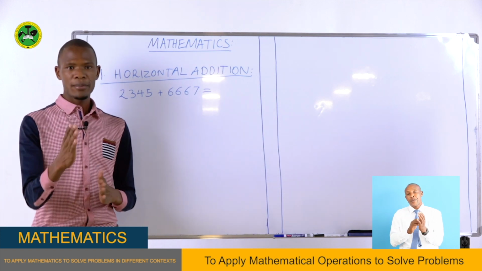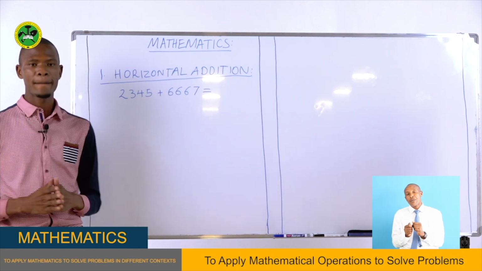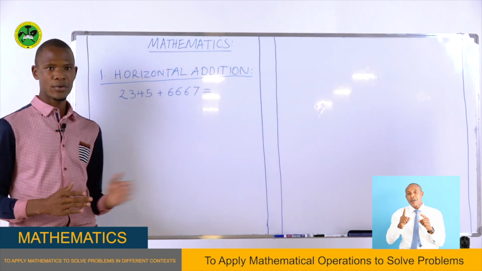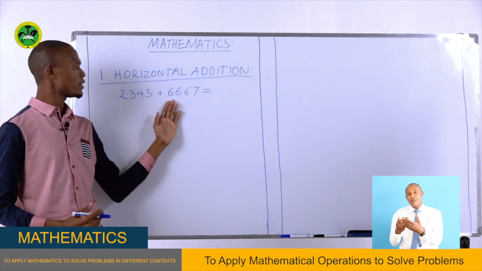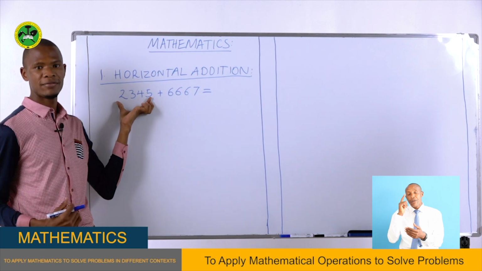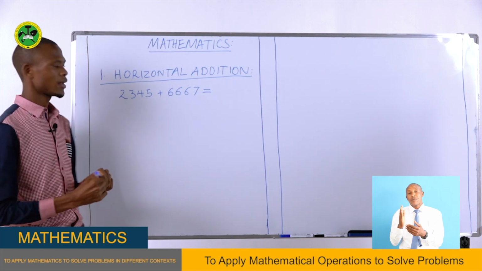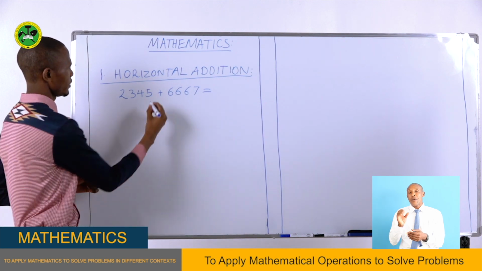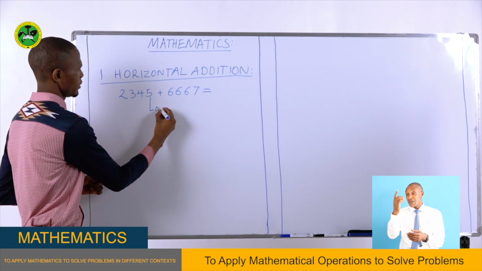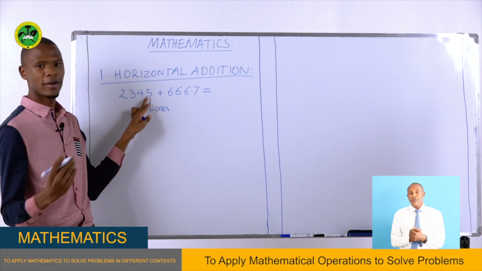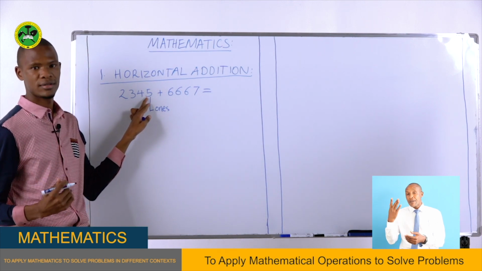Now, before I proceed, let me remind you of the different place values found in these numbers. When we consider this number here, we have different place values. We have ones. So digit 5 is in ones.